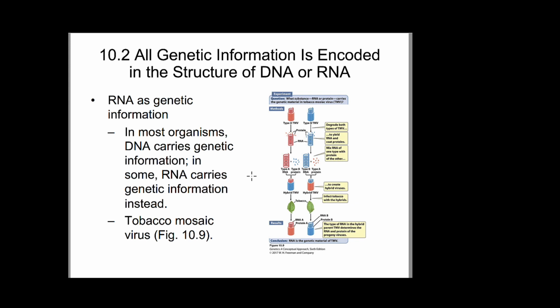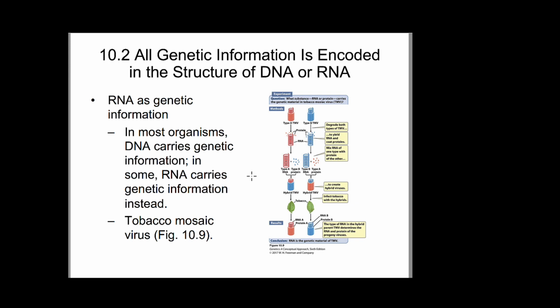We talked about this example in chapter 9, where we talked about RNA viruses or retroviruses such as HIV, influenza. Those are examples of viruses that use RNA as their primary nucleic acid, not DNA. So RNA also is a form of genetic information. While most organisms do carry DNA, there are some that carry RNA, and tobacco mosaic virus is one example.